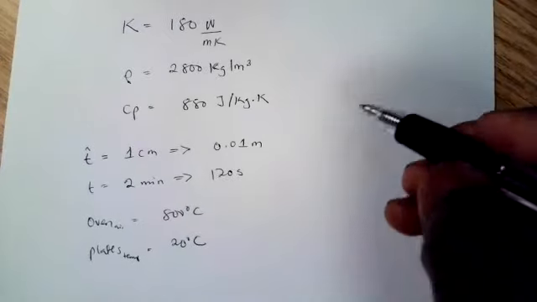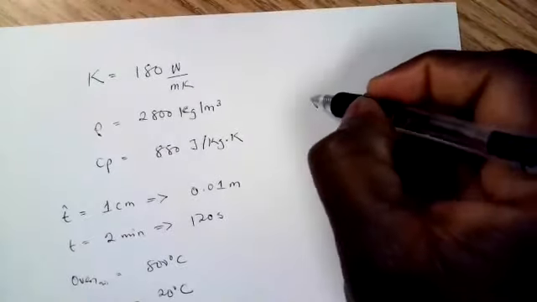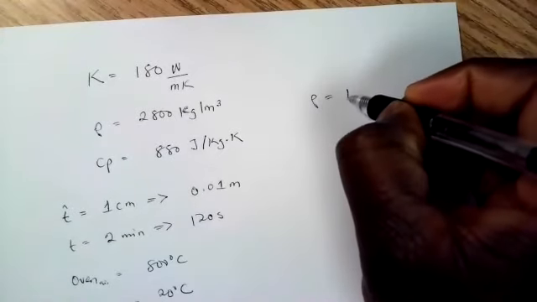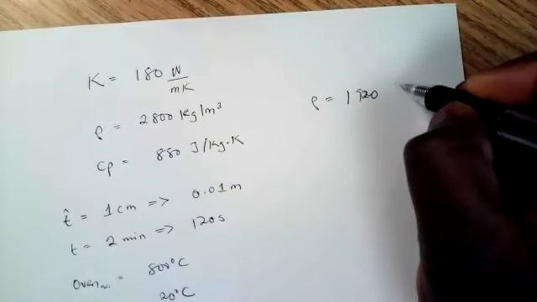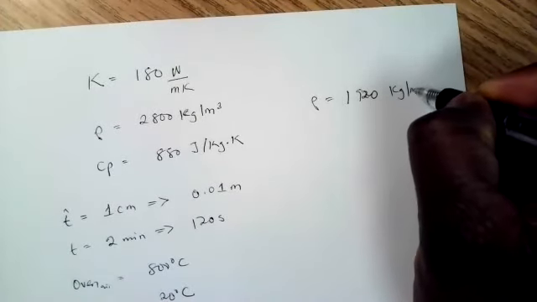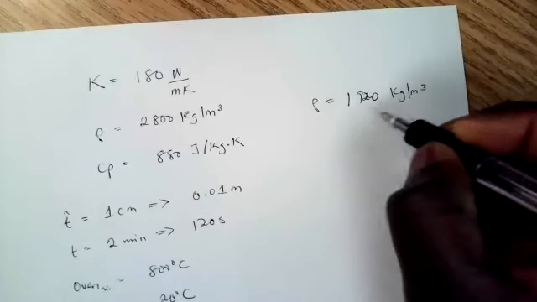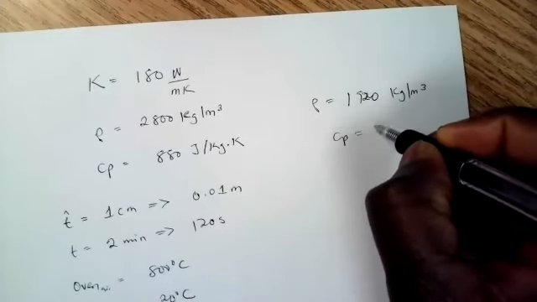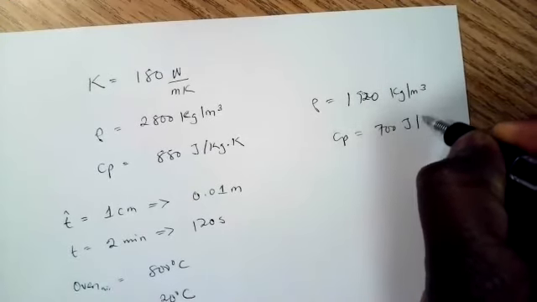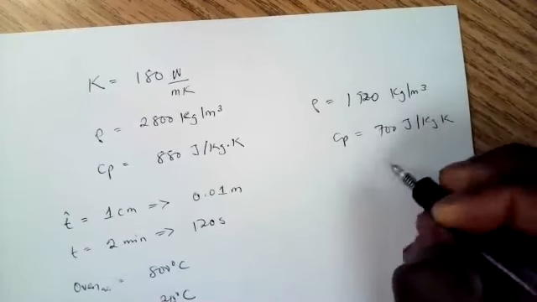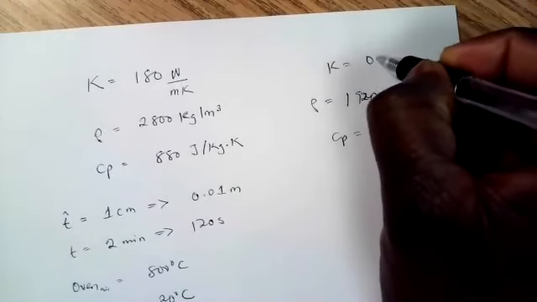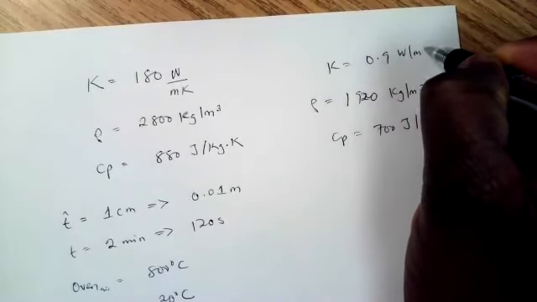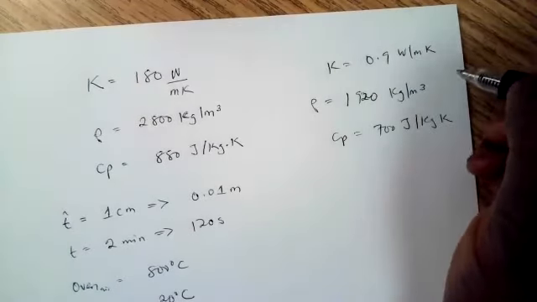Density is equal to 1,920 kg per meter cubed. We're given Cp to be 700 joules per kilogram Kelvin. And then we have K to be 0.9 watts per meter Kelvin.